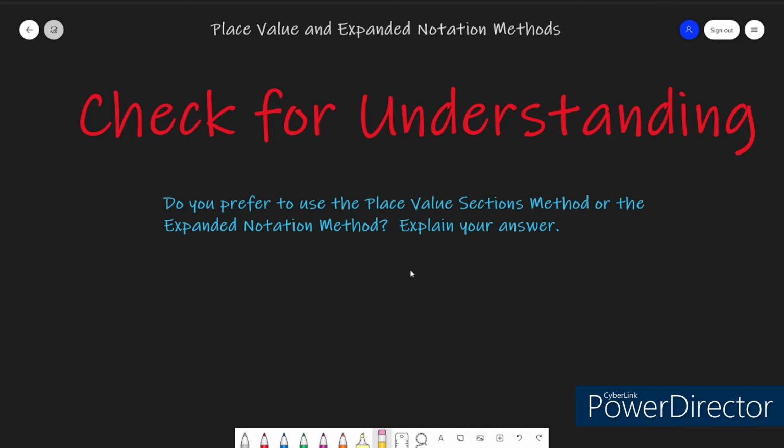Maybe you like to think about the place values as their own unique numbers and then multiply them, or you would like to separate the numbers into their own place values with expanded notation, where it's 20 plus 6, and you don't even need to draw boxes like you would in the place value sections method. But that is all up to you, and I'd like you to explain your answer. Do you prefer to use the place value sections method or the expanded notation method when you are multiplying?